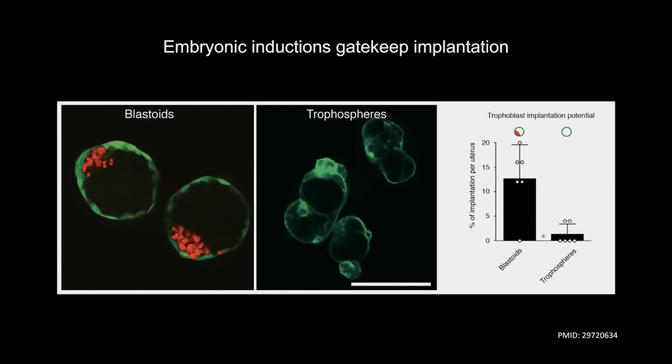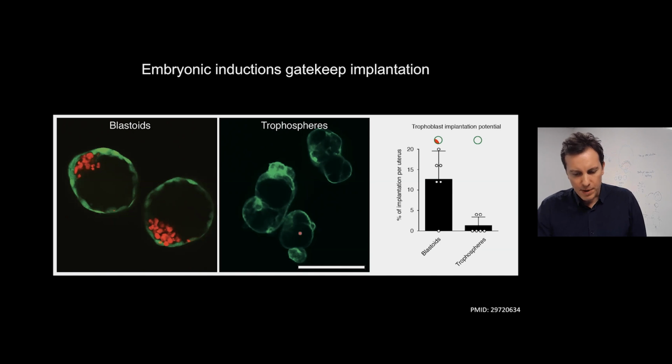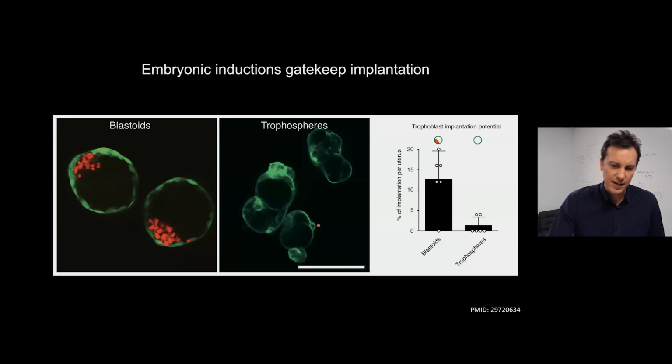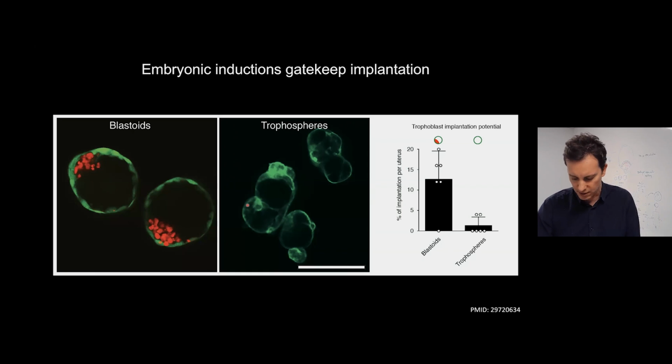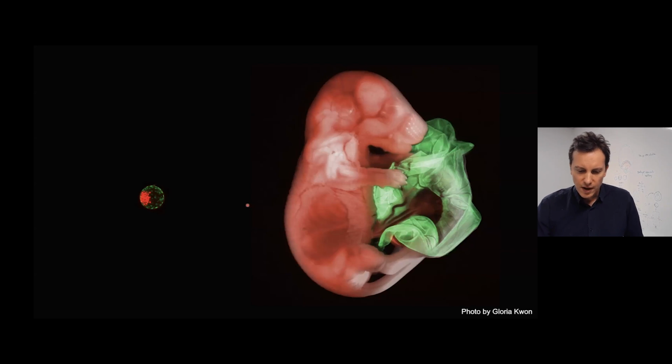And so we verified here that those trophospheres that lack the inducers are barely proliferating. They are barely self-renewing, they fail to undergo proper epithelial development, and they differentiate prematurely. And when transferred into the uterus, they have lost the capacity to interact with the uterine tissues.